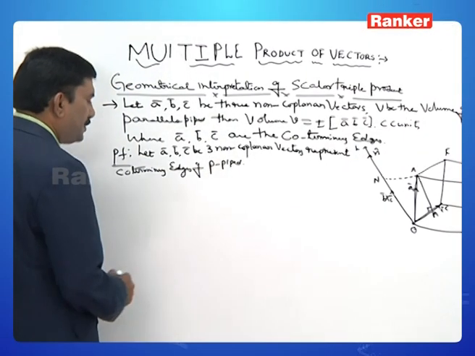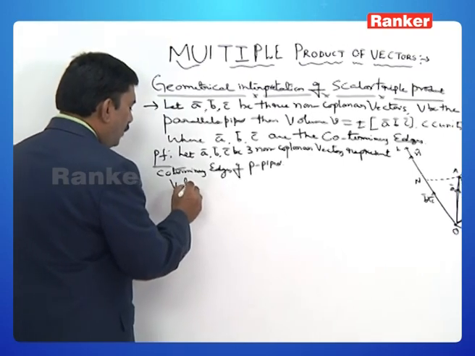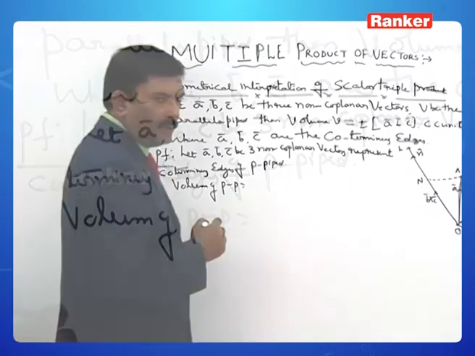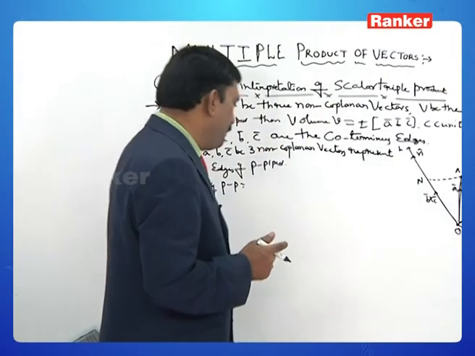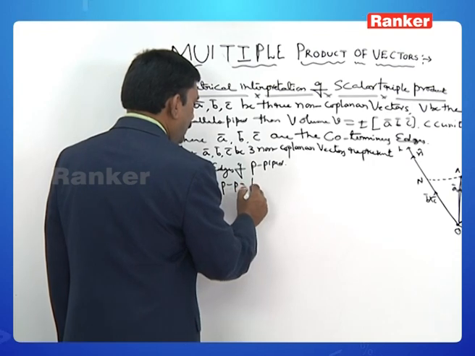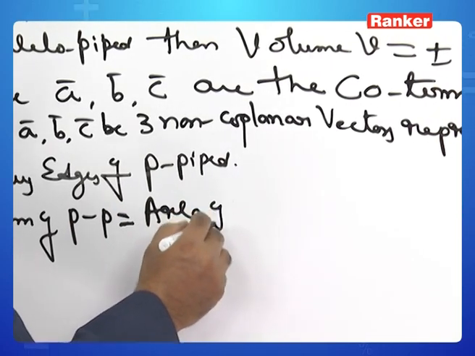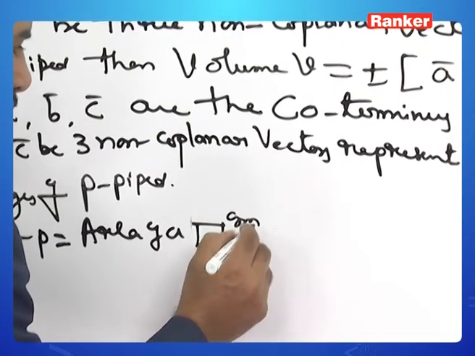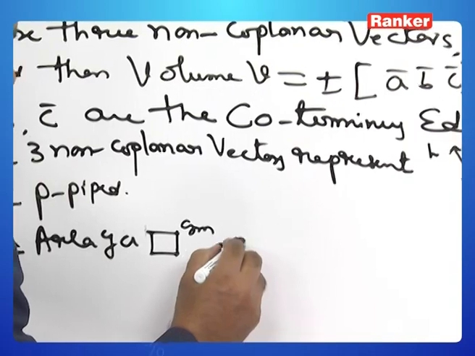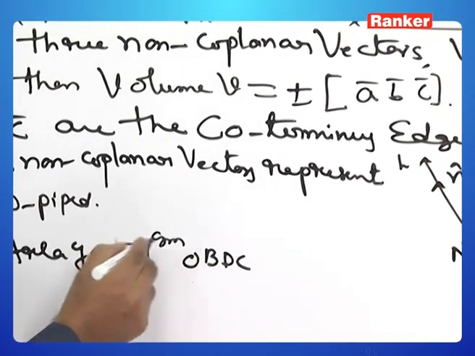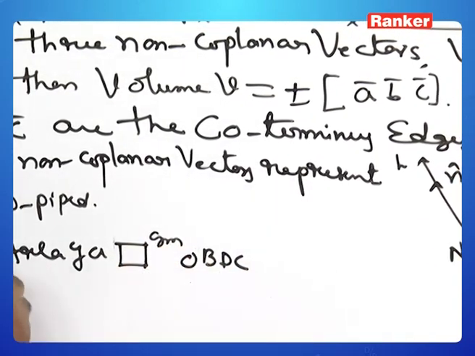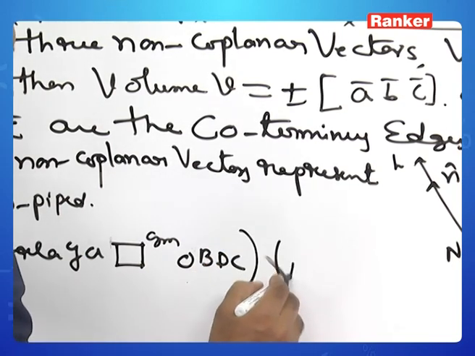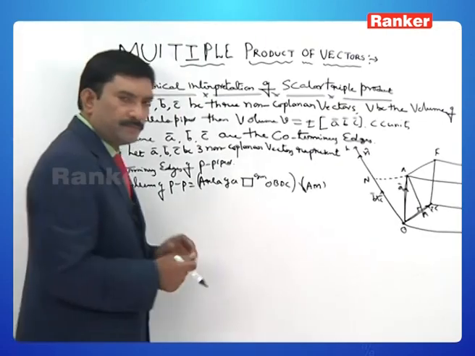Now, what is the volume of a parallelepiped? The volume of a parallelepiped is equal to the area of a parallelogram, I can take parallelogram OBDC, into, I call it AM.